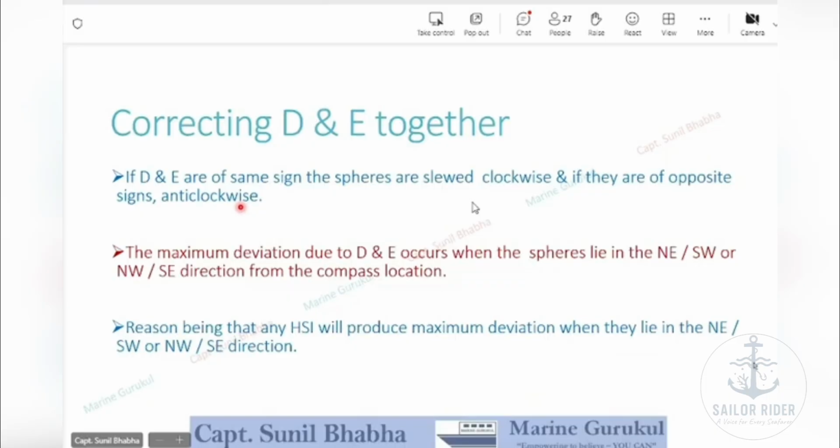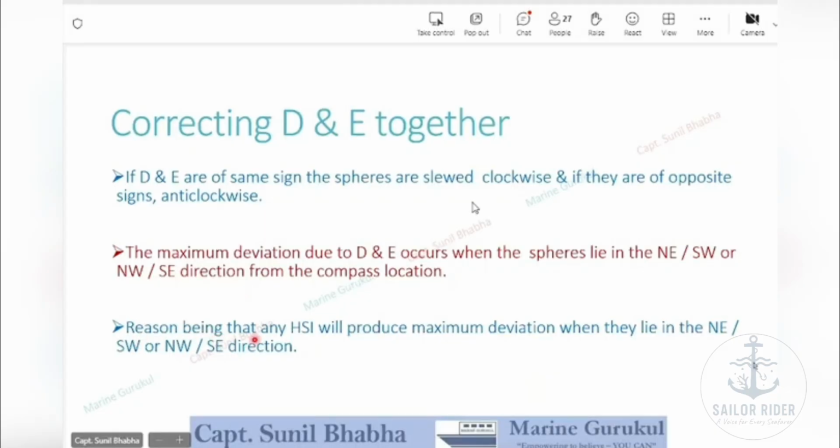of the ship? Now for this, the maximum deviation due to delta and eco combined occurs when the spheres lie in the northeast or southwest direction of the compass location.